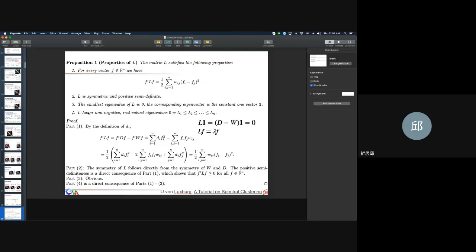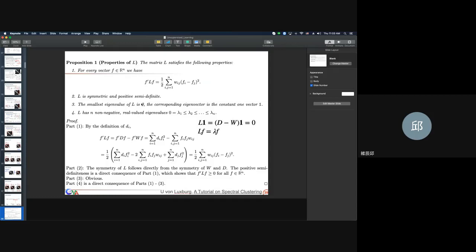And the fourth property of this graph Laplacian matrix is that L has n non-negative and real-valued eigenvalues. This is a direct consequence of the previous three properties. We already know the smallest eigenvalue is 0, and L itself is an n by n matrix, so it will have n eigenvalues.